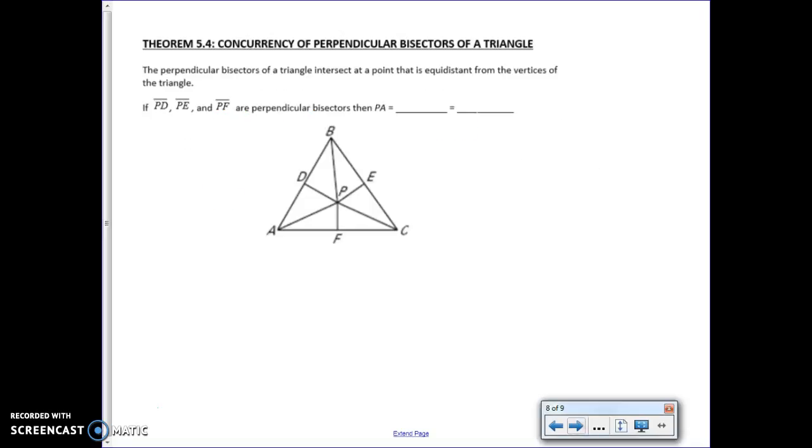Okay, so the concurrency of perpendicular bisectors of a triangle. The perpendicular bisectors of a triangle intersect at a point that is equidistant from the vertices of the triangle. So if PD, PE, and PF are all perpendicular bisectors, then we know that PA is equal to PB, which is equal to PC.